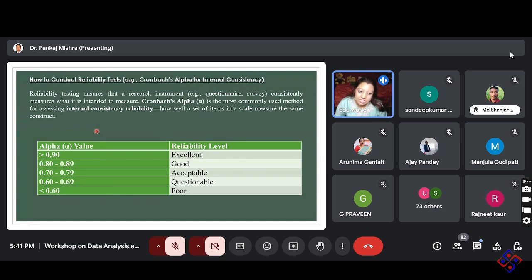Reliability is like that consistency. When you apply the tool in the same situation and consistently get the same result, that is reliability.